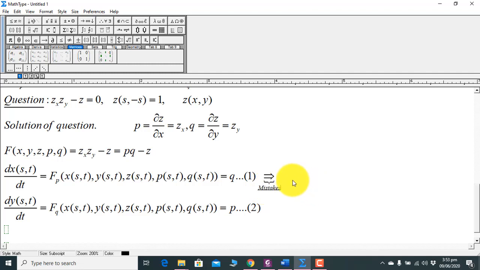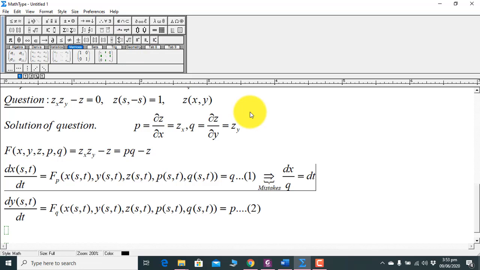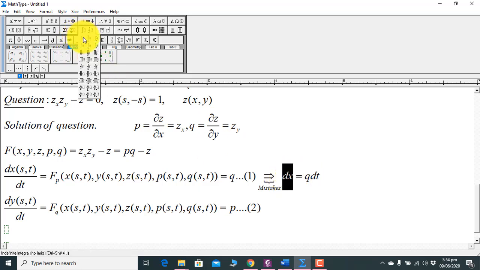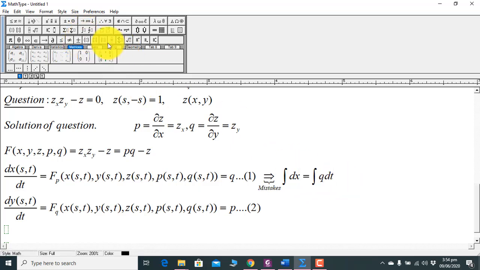You might say dx over q is equal to dt, not like that, dx is equal to q dt, and integrating both sides, you say x is equal to q t plus some constant.